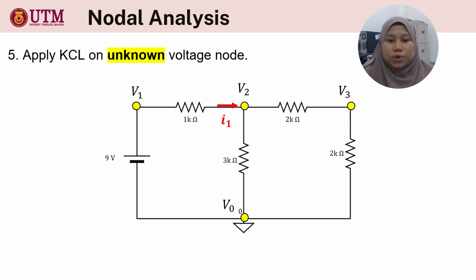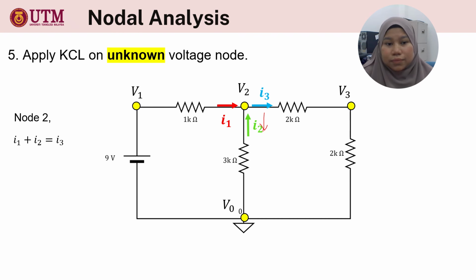So we know this I1. Then we assume the current out from V2 here. This is I3. And another one, I assume that current will be in here, I2. Can we assume like this? Yes, we can, but the equation will follow the direction of the current.